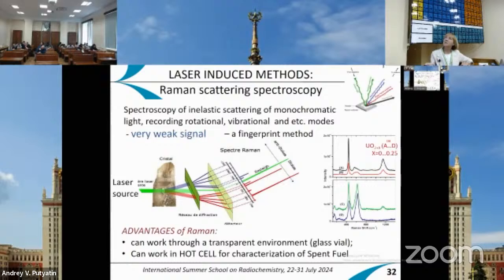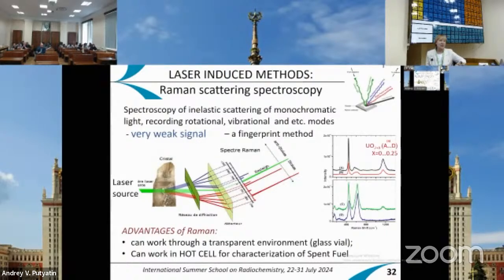The physical principle is that the laser source goes to the crystal, and there is a big Rayleigh signal, and it is stopped by special diffraction grids. And we are interested in very weak scattering. Raman scattering is much weaker than X-ray diffraction, for instance. So these are rotational-vibrational modes, which we can see as spectra.